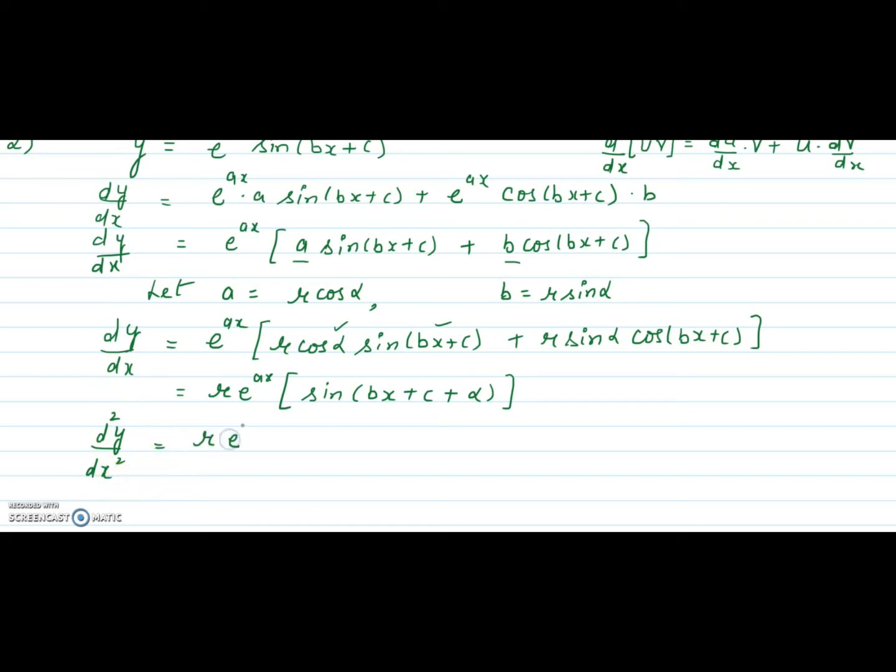R is a coefficient. Again we will apply the same rule. The derivative of the first, e raised to power ax into a, with the second function as it is, and the first as it is, and the derivative of the second, again it will be cos bx plus c plus alpha.